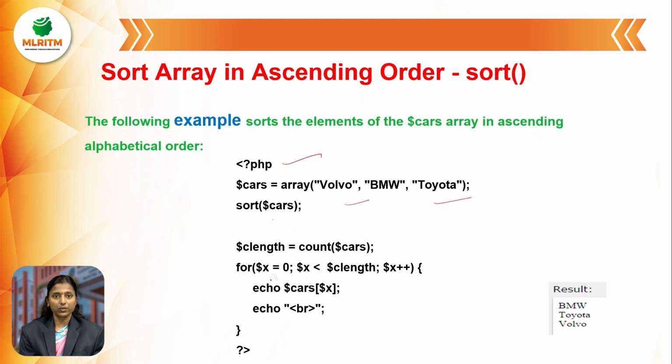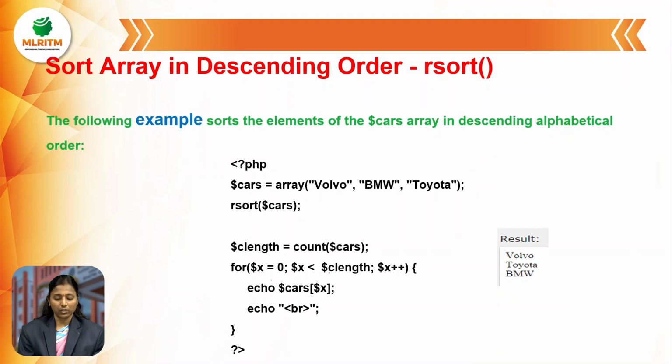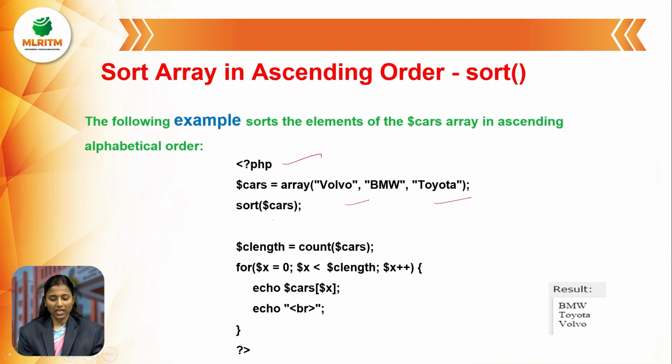For $x = 0, $x less than $clength, $x++, echo $cars[$x], echo. It will be printed in alphabetical order: first BMW, then Toyota and Volvo.